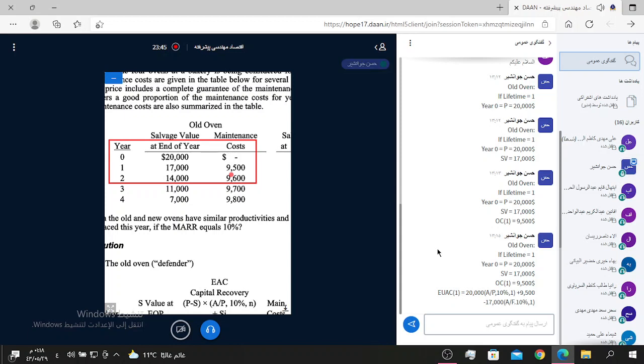And minus 40,000, SV 40,000, (A/F, 10%, 2 years).